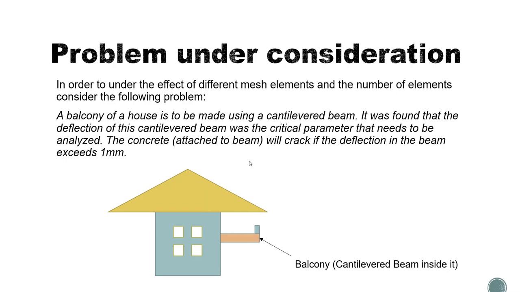But what we are going to do is we will only consider the beam here so that we can analyze the results. The problem is if the deflection in the cantilever beam exceeds 1 millimeter, the concrete that is attached to it will start to crack.